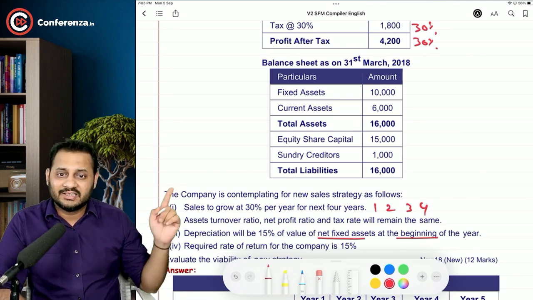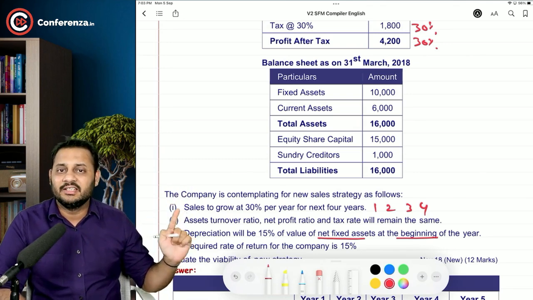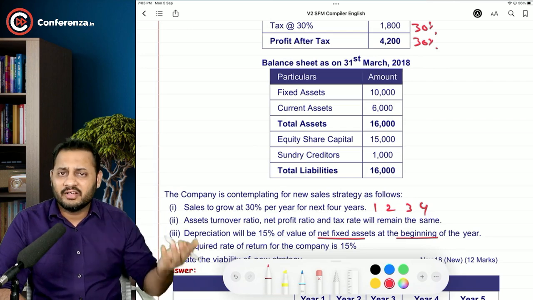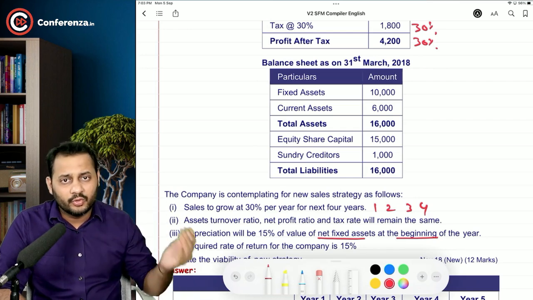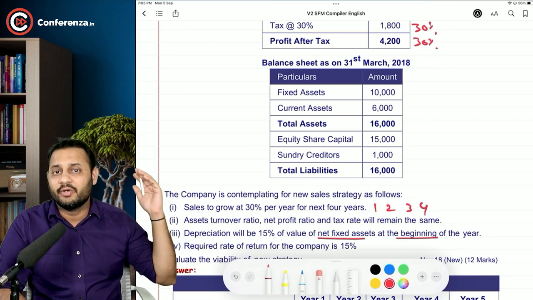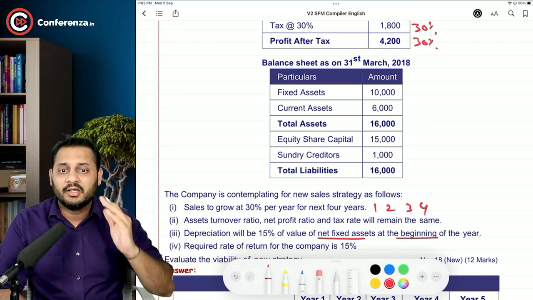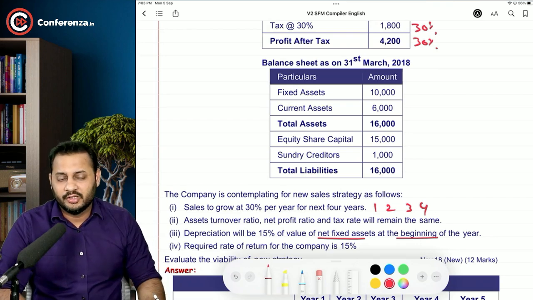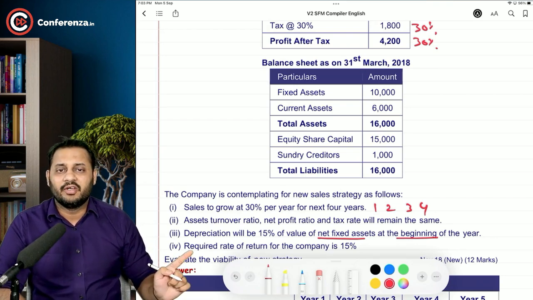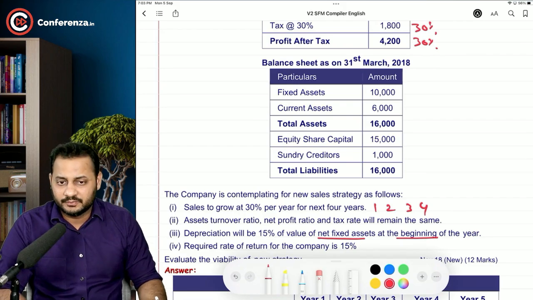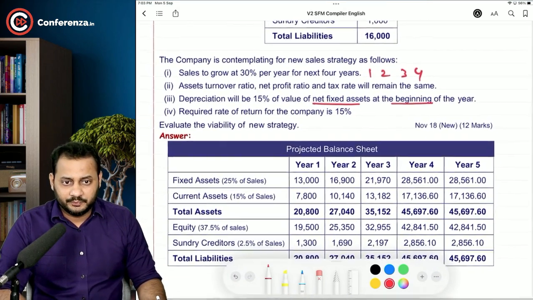No, sir. This strategy will increase the sales for the next 4 years, and after 4 years there will be no growth, but the company will keep going on. So perpetuity calculations will be there, but without growth. Okay. So you can simply divide the 5th year cash flows by 15%. So let's have a look on this now.